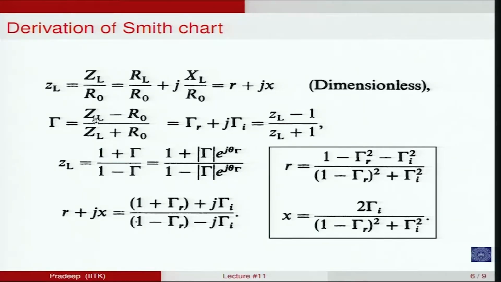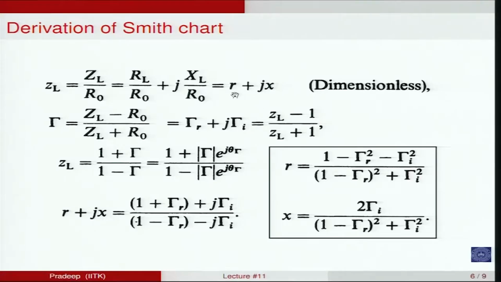Now look at gamma, the reflection coefficient. Gamma is nothing but (Z_L minus R0) by (Z_L plus R0). This can also be written in terms of the real part of gamma and the imaginary part of gamma, because gamma is a complex number. Substituting for Z_L after normalization will give you (z_L minus 1) by (z_L plus 1). You can invert this relationship to write z_L in terms of gamma, and then write z_L as r plus jx.